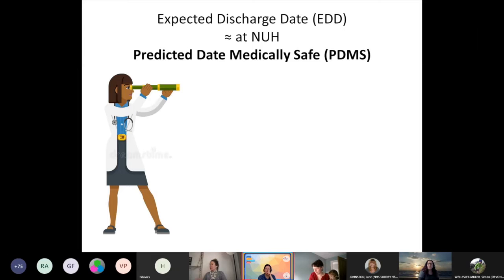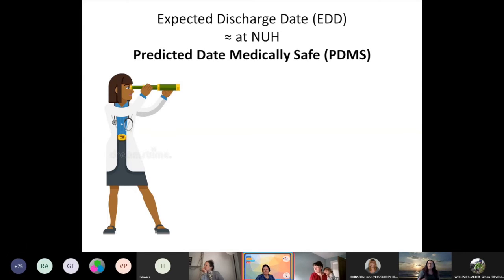So I'm going to be talking, as I said, about the expected discharge date. And at NUH, we don't quite use the EDD or expected discharge date. Instead, we use a predicted date medically safe. And by medically safe, we mean that a patient no longer needs a bed in an acute setting.